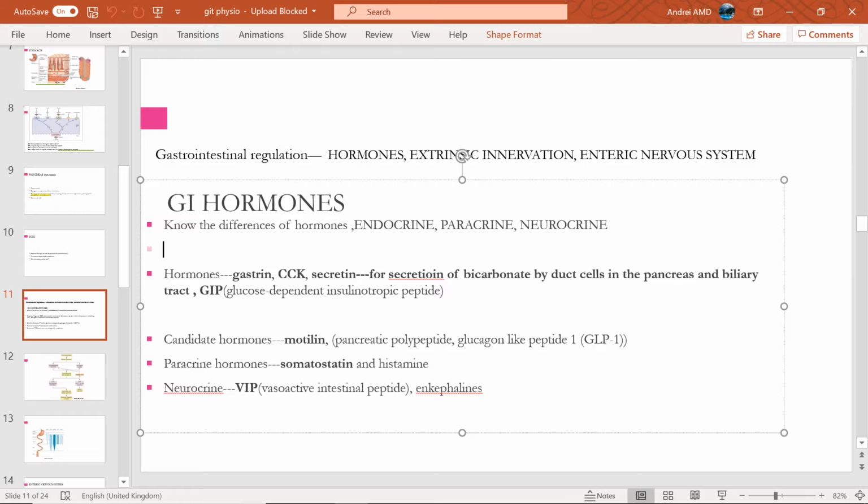And then the next hormone, CCK, cholecystokinin. Its main action is to contract the bile duct and the gallbladder.